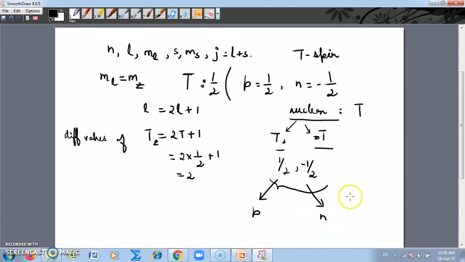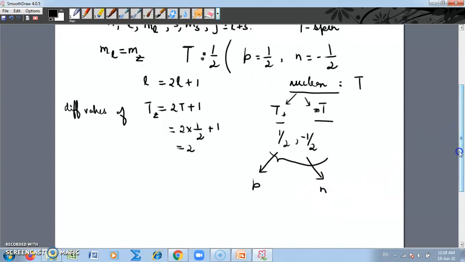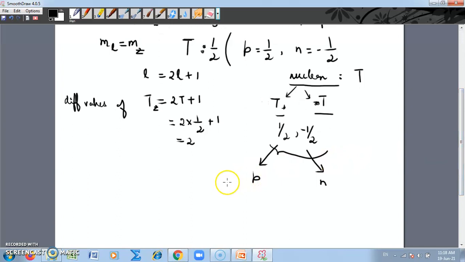As I have told you, we'll be discussing these things later on when we study the elementary particles, which comes in the last unit of your syllabus. For now, it's enough to know that there is a special type of quantum number called the isotopic quantum number. Okay, so done with it.